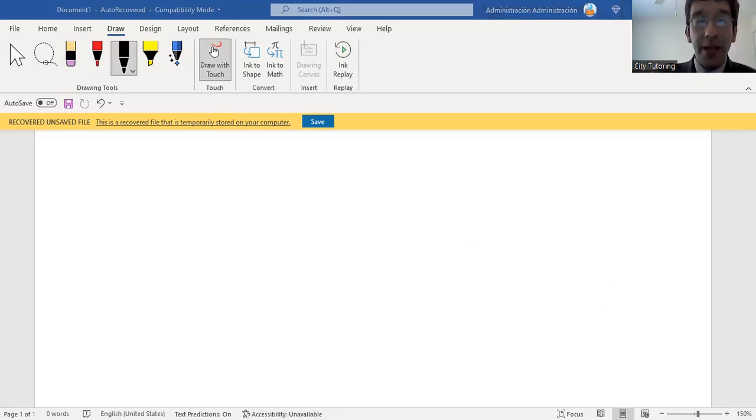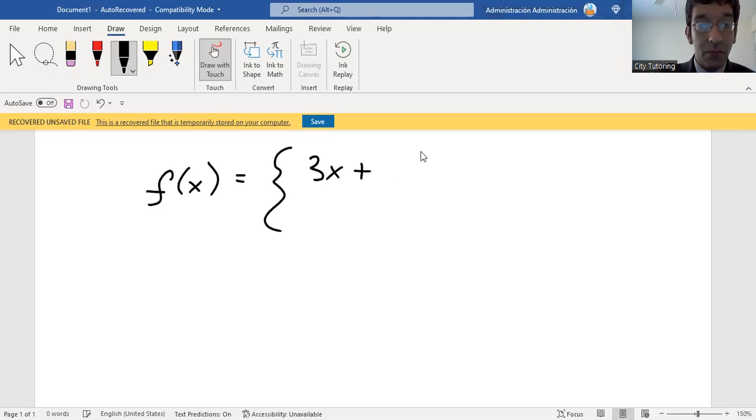The applications of piecewise functions: you see them in word problems often that involve more than one constraint, more than one variable. But let's do one where we let f of x be 3x plus 5, and only if x is less than negative 3.